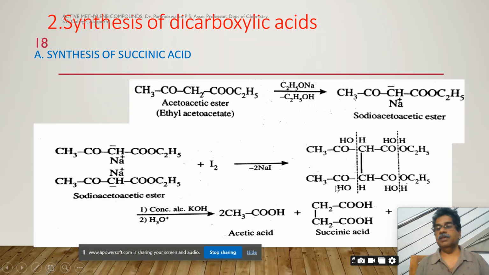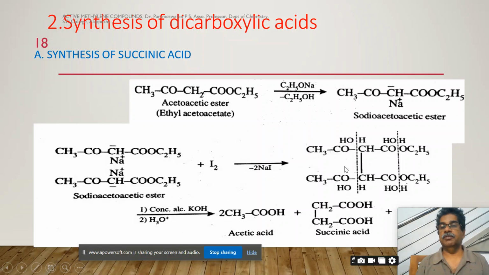When it then undergoes acid hydrolysis, let me say HOH HOH, there are two molecules, so we have to write 4 molecules of water.